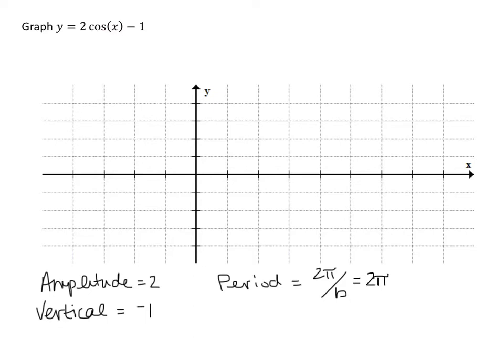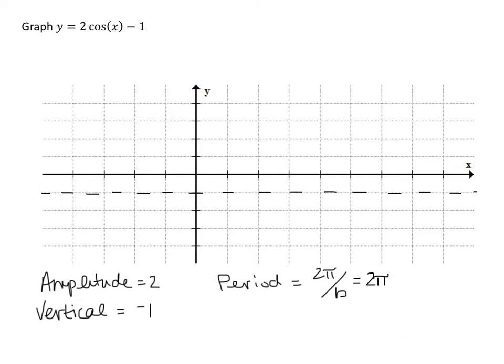So I sketch in my center line. That's my vertical shift. Now to do the rest of this, what I like to sketch out is what I call a 5-number summary. I want the starting value, the ending value, and then the 3 middle values.